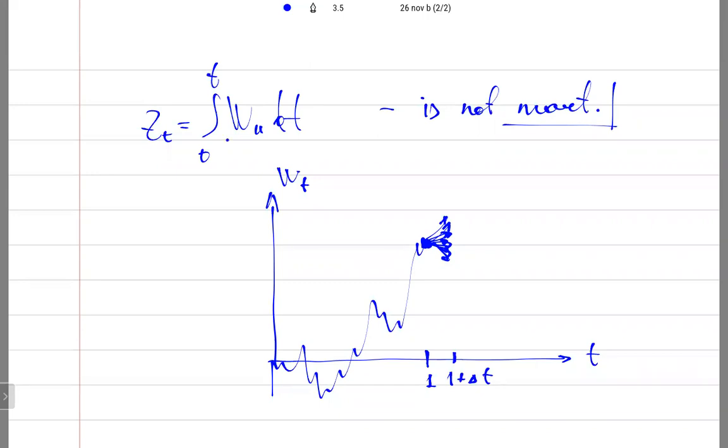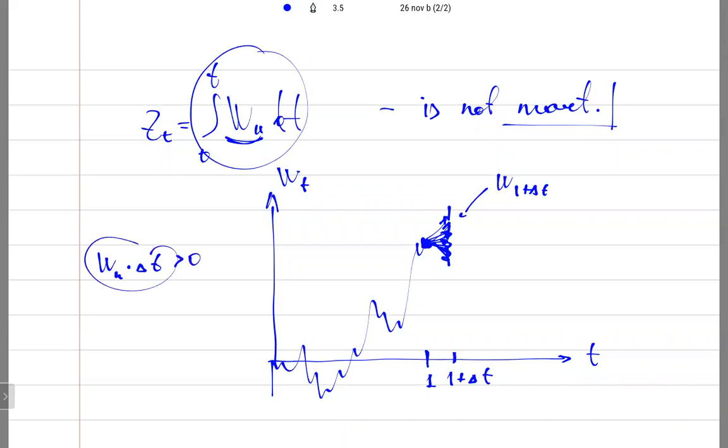And obviously, this wt, with high probability, in my case on the picture, will remain positive, because I consider a small interval of time. And if now the value of w is positive, then for a small change of delta t, the future value w1 plus delta t will be positive with high probability. And so this integral will include a term like w times delta t, and it will be positive. So in this case, I predict that zt will go up.